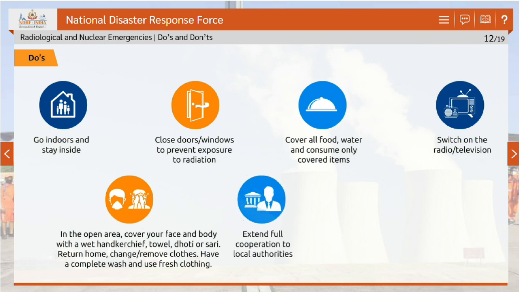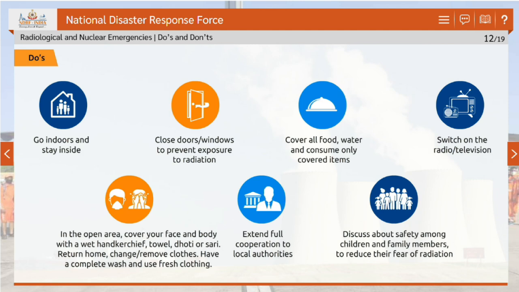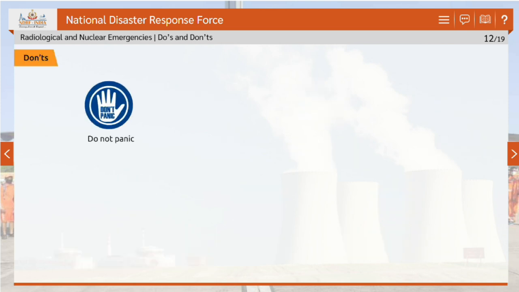Extend full cooperation to local authorities and obey their instructions completely, be it for taking medication, evacuation, etc. You must be aware of nuclear radiation hazard. Discuss nuclear radiation safety among children and family members to reduce their fear of radiation. Do not panic, and do not believe in rumors passed on by word of mouth from one person to another.